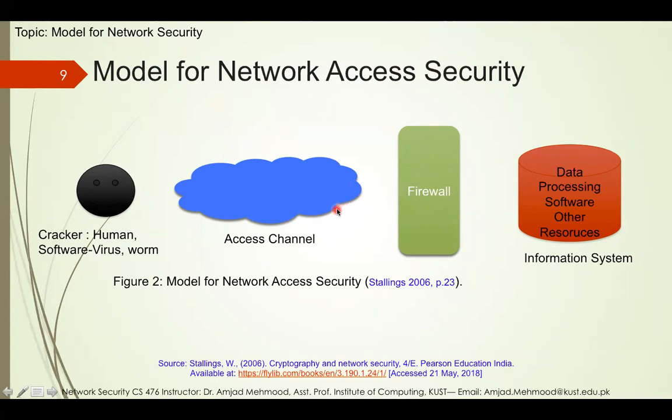If he reaches this firewall, the firewall asks some questions to that cracker or software, and if he answers those questions, he will be allowed into the information system for the resources or other data or software. Otherwise he will be thrown out of the system.